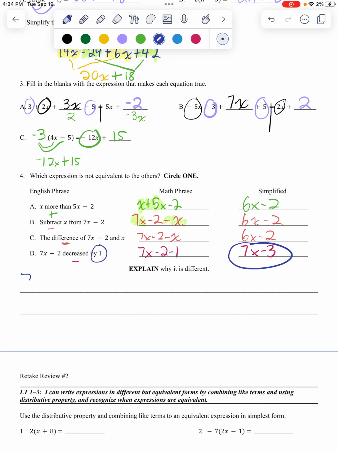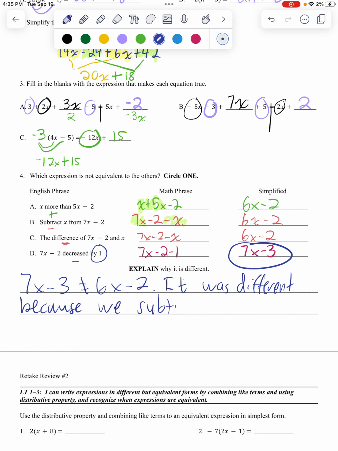So 7x minus 3 does not equal 6x minus 2. It was different because we subtracted 1 instead of x.